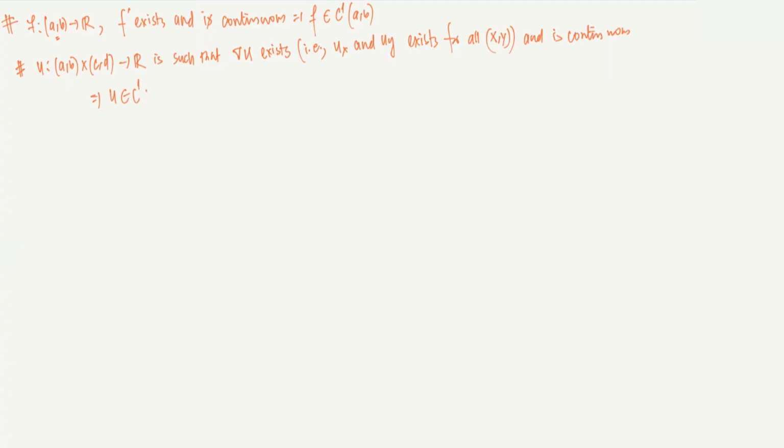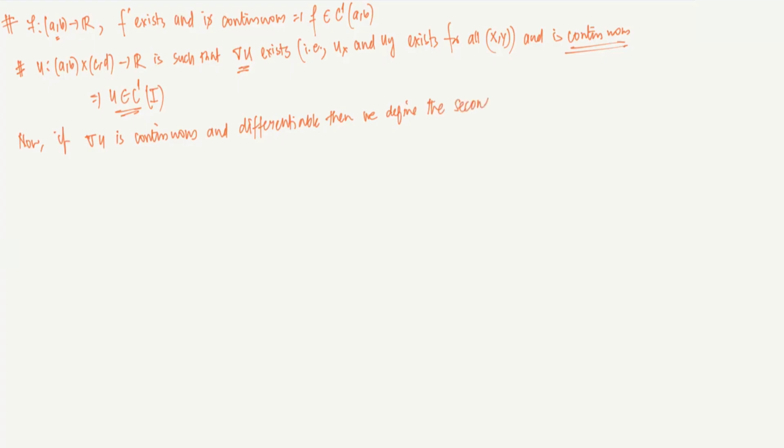So that's just the first derivative. Now this gradient of u is again a function, right? If it is continuous, we call u C1. Now, if gradient of u is continuous and also differentiable, then we define the second derivative of u.